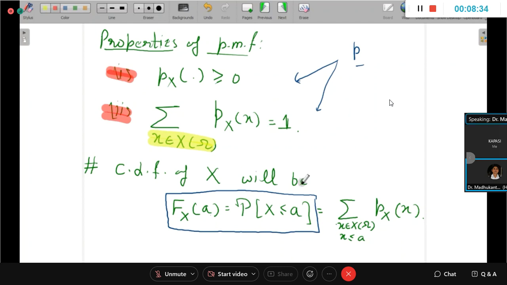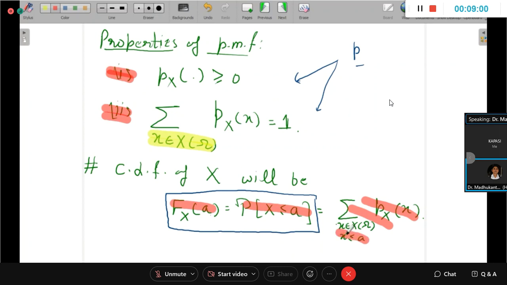Now we also identified the cumulative distribution function for discrete and continuous random variables. This is the definition. In the discrete case, it is nothing but the summation of all the probabilities for each value of x such that x is less than or equal to a.